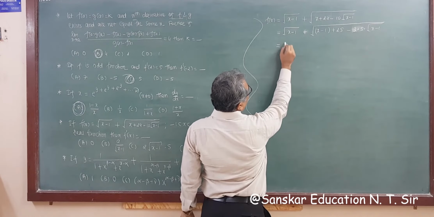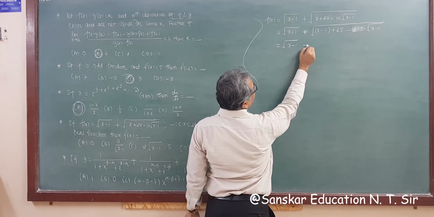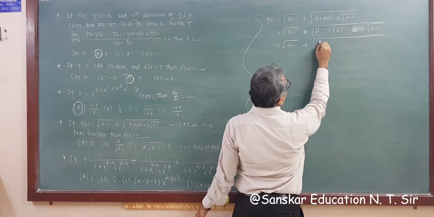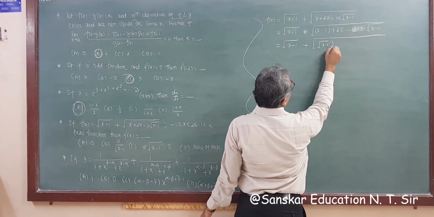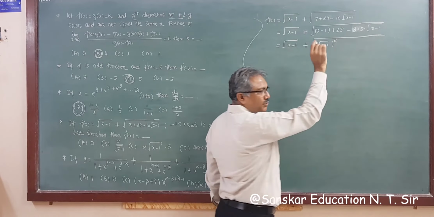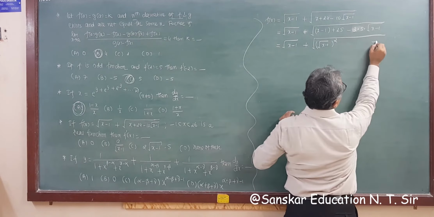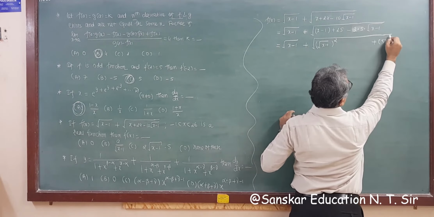So what happened here? See, this is x minus 1 under root. This is root x minus 1 whole square, and 25 is 5 whole square.